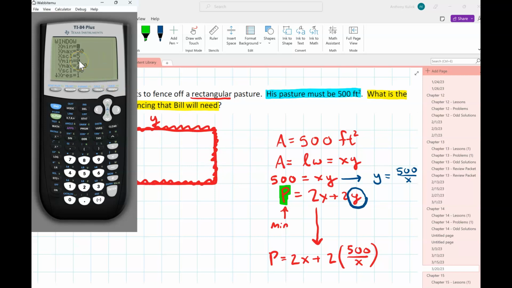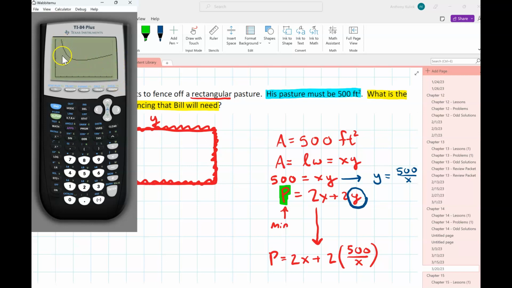And the y is representing perimeter again, so my y min I'll pick is 0, because perimeter is a length that needs to be positive. And the maximum, I just picked like 200. Figured that would be more than enough. So I'm going to hit graph.